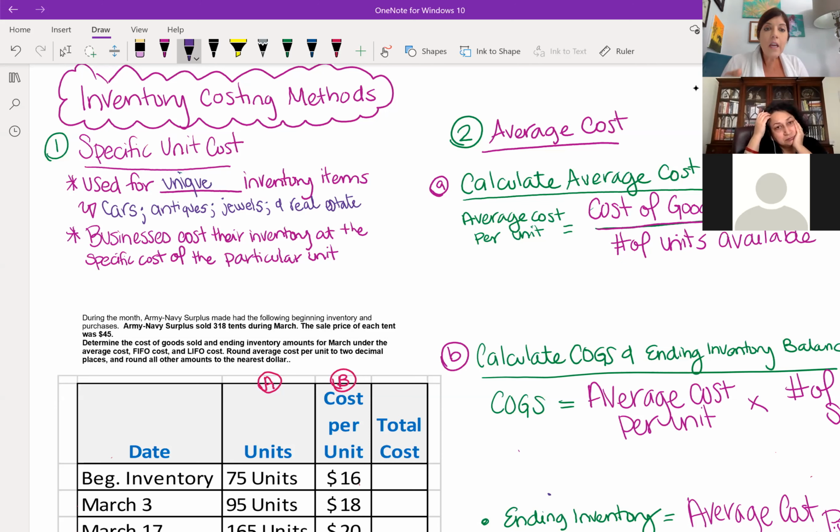But a company that's selling real estate and has various real estate holdings, some houses that are a 500,000 cost basis, some that are 5 million cost basis: if you sell the $500,000 house, you shouldn't expense 5 million or a blend of the costs. You should expense the cost basis for that one house. And since typically real estate holders don't have a substantial amount of inventory being bought and sold each period, it's not very difficult to use specific unit cost.